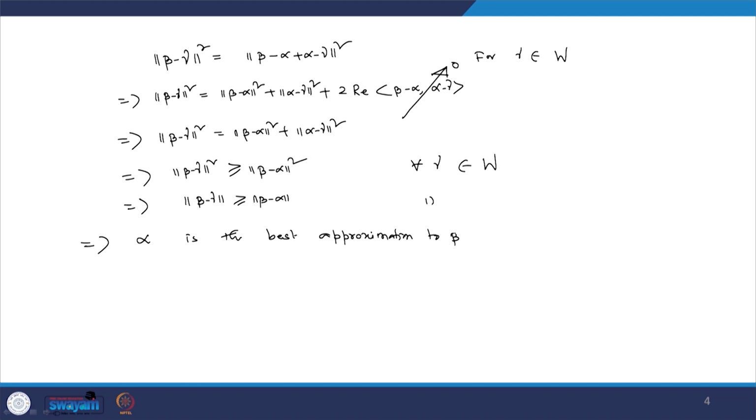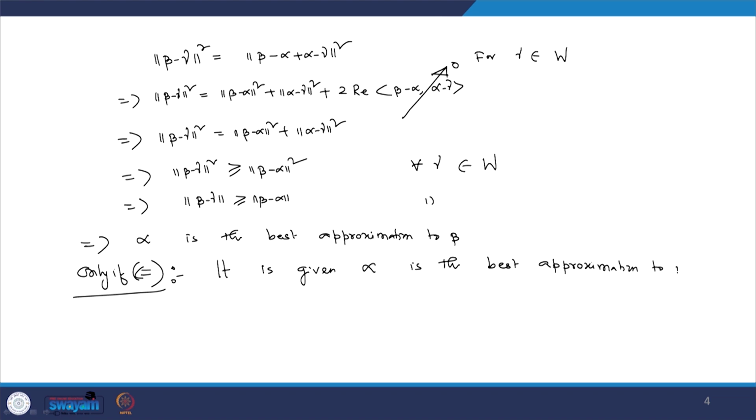Okay. Now, let us go for the only if part, please, that is this one. Here it is given that alpha is the best approximation to beta.